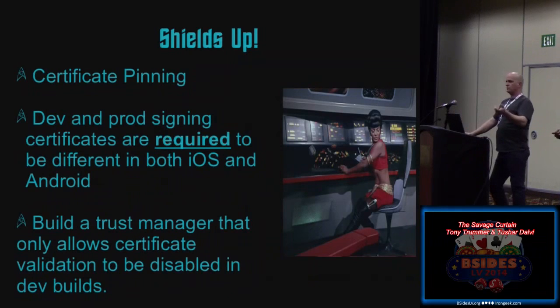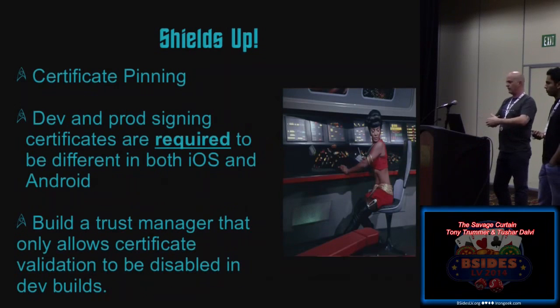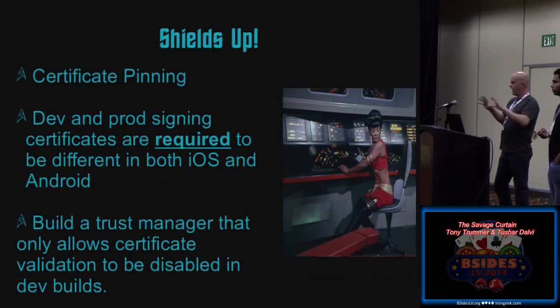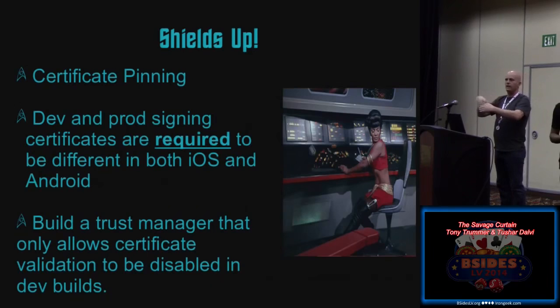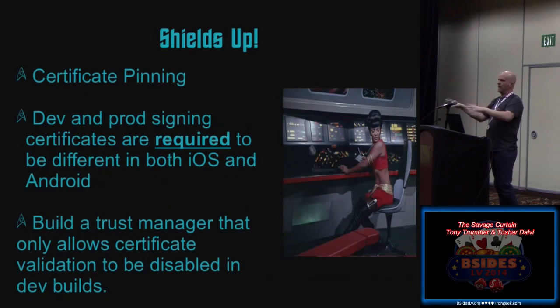Those can't be used to sign apps that you push to the stores. They will reject them, is our understanding. So we thought, why don't you build the code so that if you need to disable certificate validation in any way, if you absolutely need this functionality, it checks which certificate it's signed with? If it's signed with the dev or QA certificate, you allow it, but if it's not, then it can't.